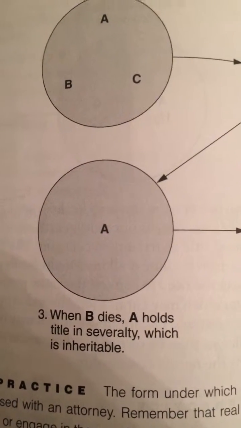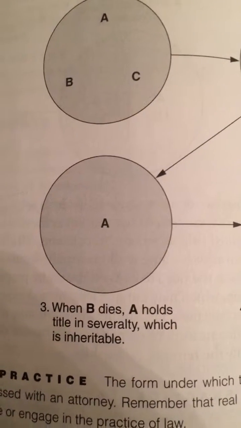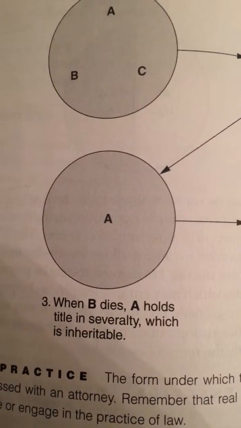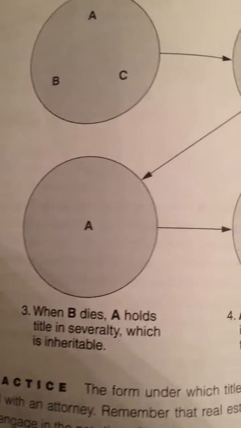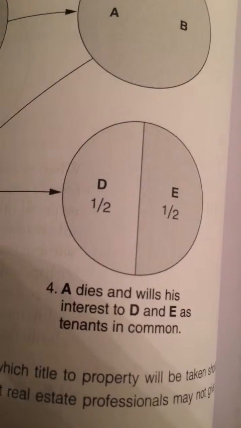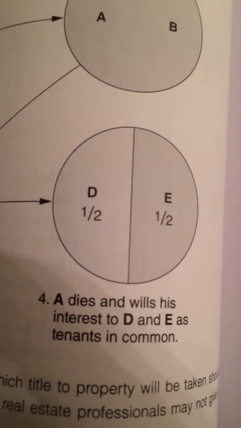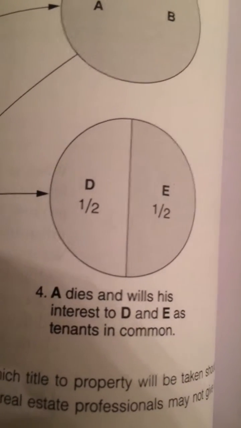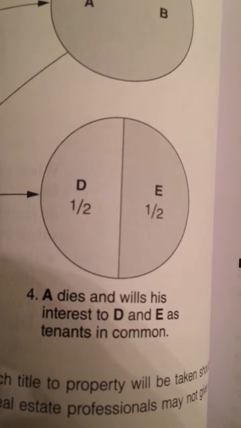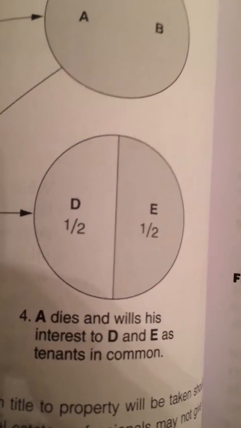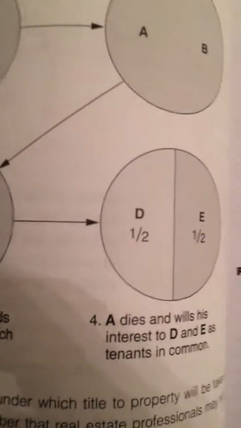When B dies, A holds title in severalty, which is inheritable. 4. A dies and wills his interest to D and E as tenants in common. D gets a half, E gets a half.